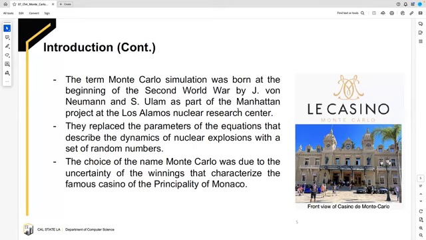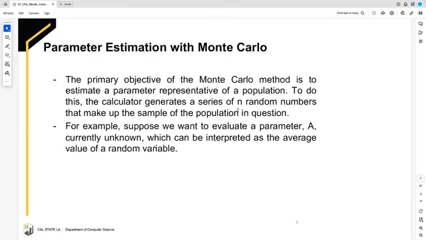And then they decided to name this method Monte Carlo, which is a very famous casino in Monaco. It somehow represents the uncertain nature of the solution. You get to see what I mean when we talk about probability and uncertainty.